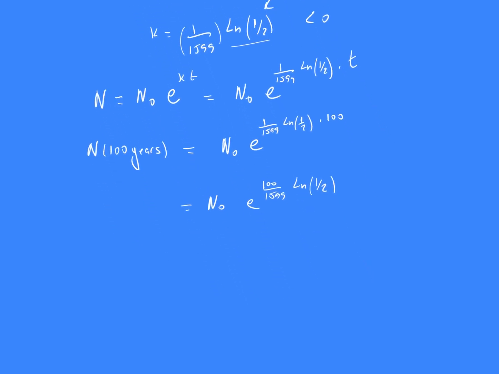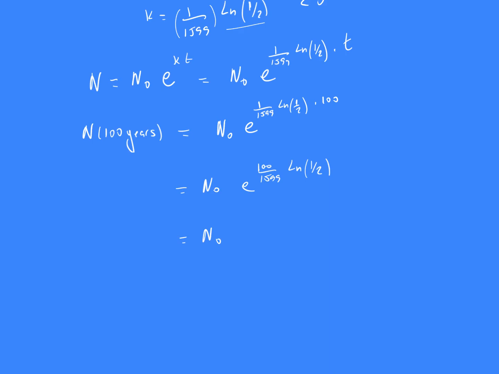And this will be n0 e to the natural log of 1/2 raised to 100 divided by 1,599. And e to the natural log of 1/2 is the number 1/2, raised to 100 divided by 1,599.